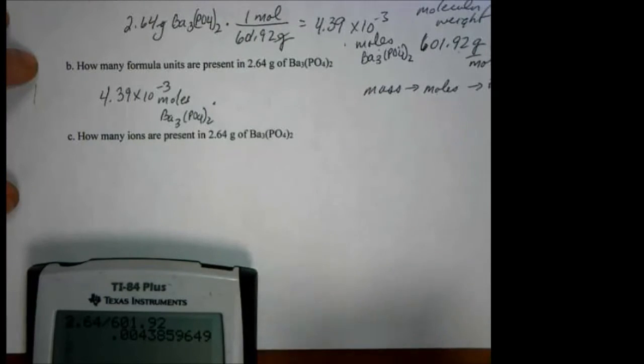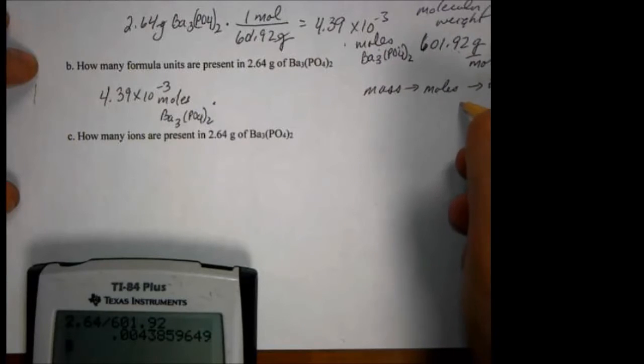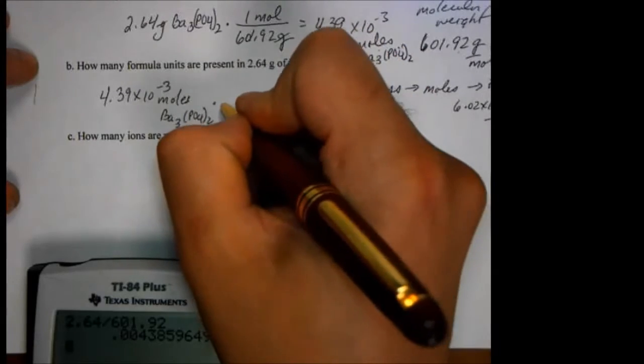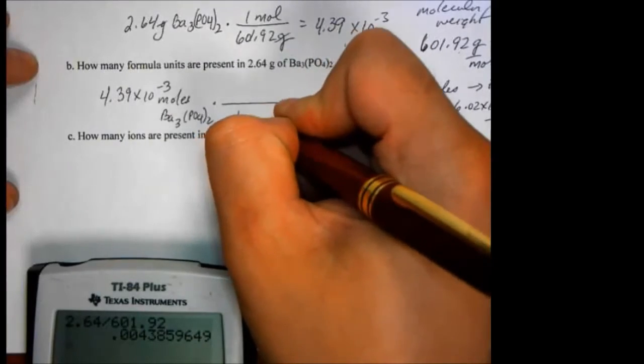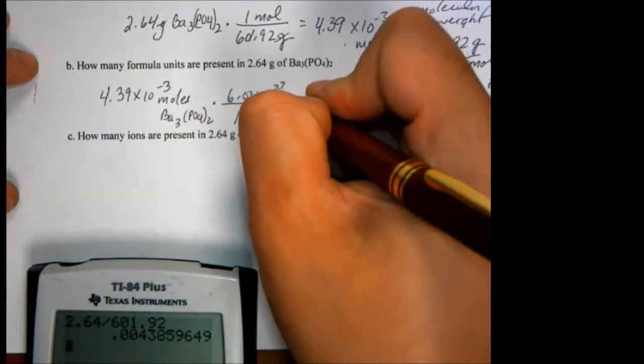And then we can convert from moles to the number of formula units. So here this is going to be 6.02 times 10 to the 23rd, our relationship of formula units per mole. So for every 1 mole, we have 6.02 times 10 to the 23rd formula units.